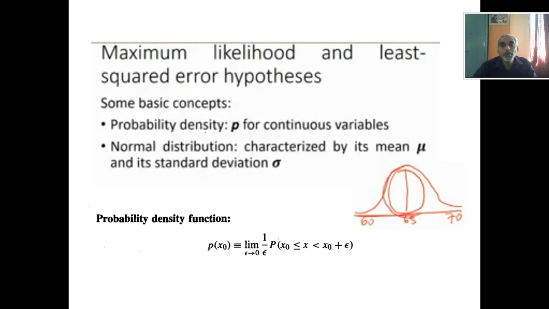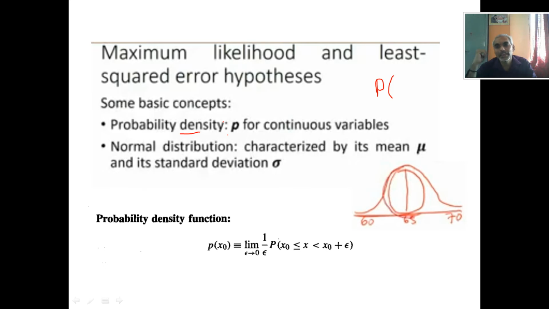The first one is the probability density function, small p. Till now we were using capital P for indicating probability. Now we are using another symbol, small p, which indicates the probability density function. We have the probability mass function and the probability density function. Since we are considering continuous variables, we have the probability density function.